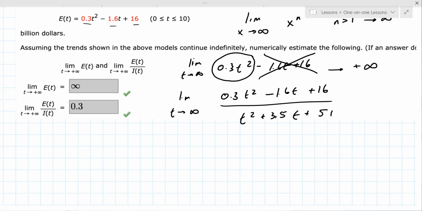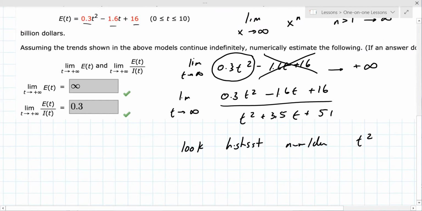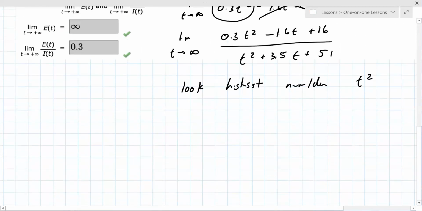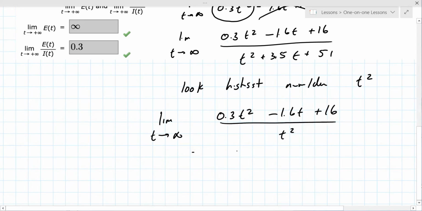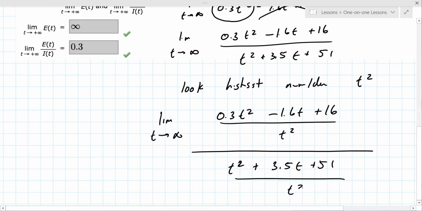Okay, so what you have to look for is the highest power in either the numerator or the denominator. In this case, it's t squared. So you divide the top and the bottom by t squared. It's a lot of writing, but it's 0.3t squared minus 1.6t plus 16 all over t squared, all over t squared plus 3.5t plus 51 all over t squared.